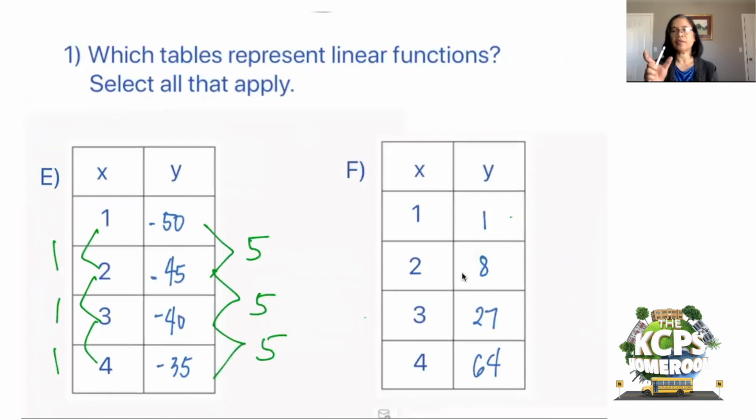Okay, you can also visualize this as if you are on the number line, how far do you move from negative 50 to negative 45? Remember, if you have negative numbers, you're moving to the right. So you move 5 steps to the right. And this is representing a linear function.